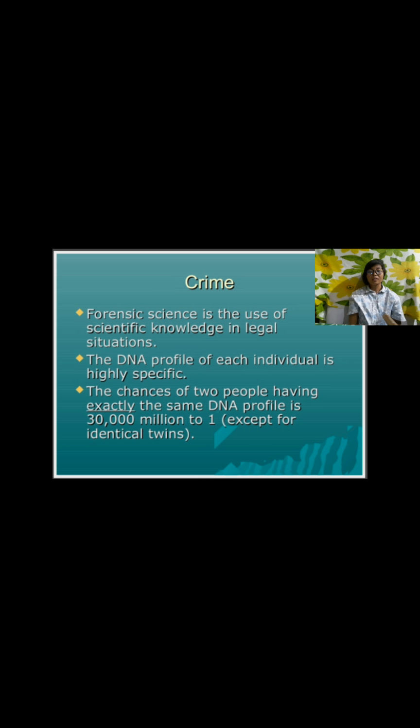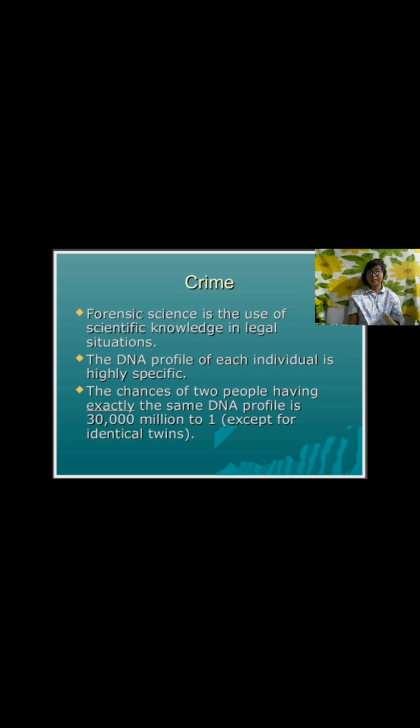The chance of two people having exactly the same DNA profile is 30,000 million to 1, except for identical twins. There may only be a few drops of blood or a single hair left at the scene of a crime, but that is enough to get a DNA STR profile.